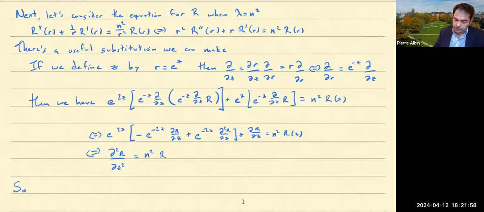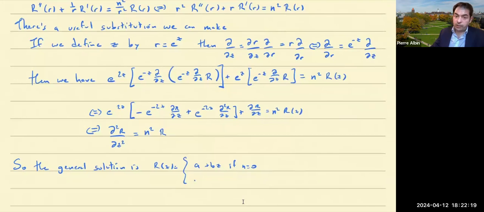So the general solution is r of z equals, if n is equal to 0, a plus bz, and otherwise you get a e to the nz plus b e to the minus nz if n is positive.